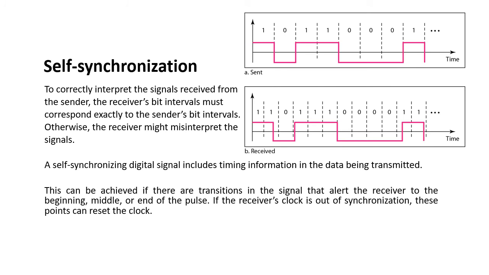Another characteristic is self-synchronization. In order to interpret the signals received from the sender correctly, the receiver's bit intervals must correspond exactly to the sender's bit intervals. If the receiver clock is faster or slower, the bit intervals will not match, and the receiver might misinterpret the signals.